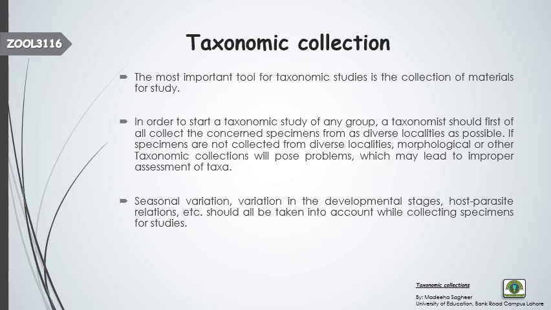So it will pose a problem in taxonomic collections, and it will ultimately lead to improper assessment of the taxa, or improper classification of that particular specimen which I have collected from a very limited area. So, for the taxonomic collection, a taxonomist should collect his specimens from as many diverse localities as he can.